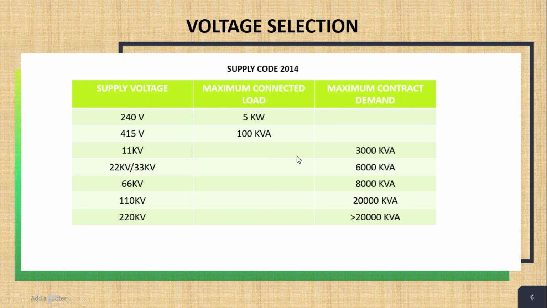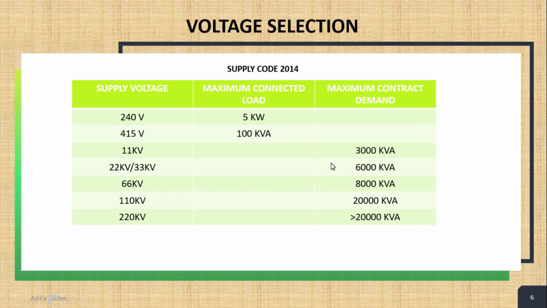And if the maximum demand is between 100 kVA and 3000 kVA, we'll go for 11 kV, which means that we have to install the transformer if the load lies between 100 kVA and 3000 kVA.